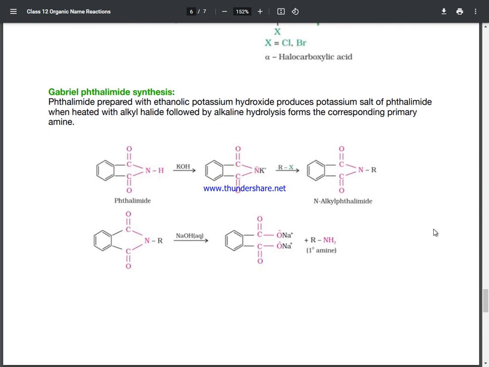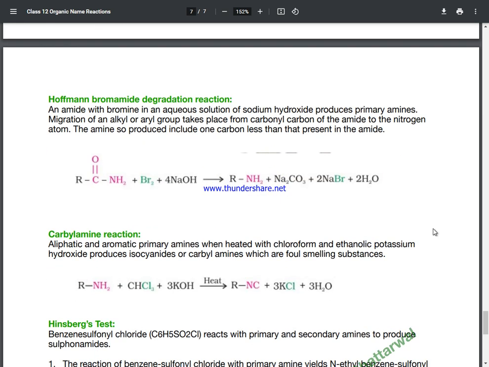Gabriel phthalimide synthesis. Phthalimide treated with ethanolic potassium hydroxide produces the potassium salt of phthalimide, which when heated with alkyl halide followed by alkaline hydrolysis forms the corresponding primary amine. Hofmann bromamide degradation reaction.